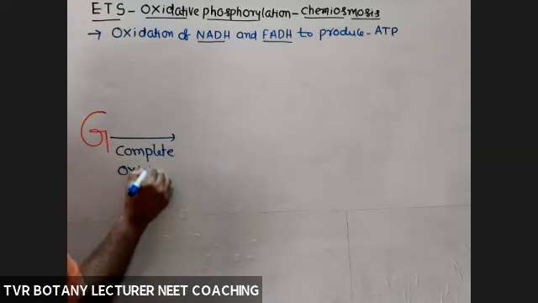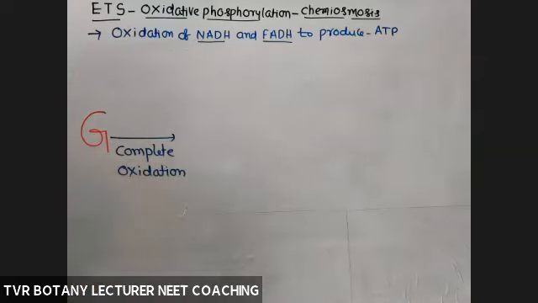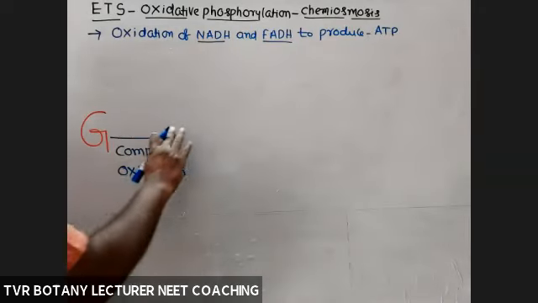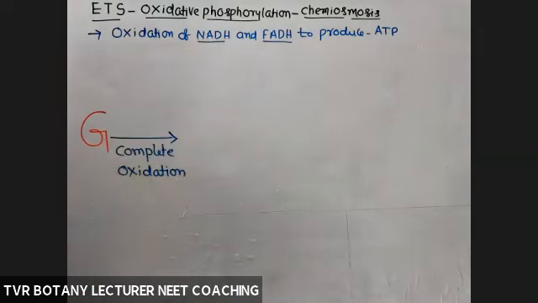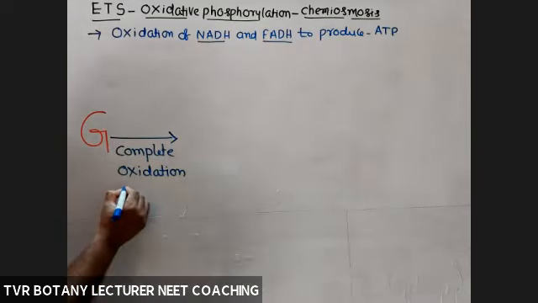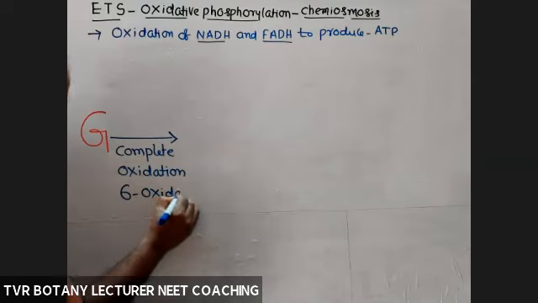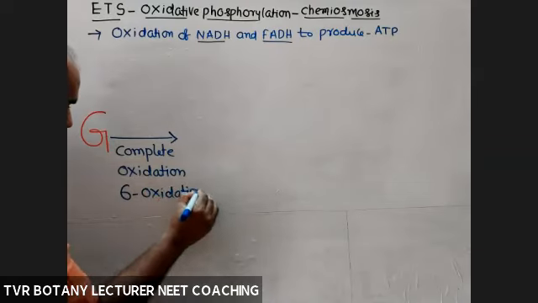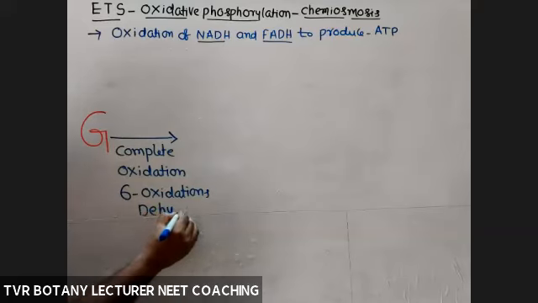Listen to this one carefully. I plan to explain slowly because this is the most important and most critical one. Complete oxidation. So the total number of oxidations I'm writing here, 6 oxidations, or 6 dehydrogenations.